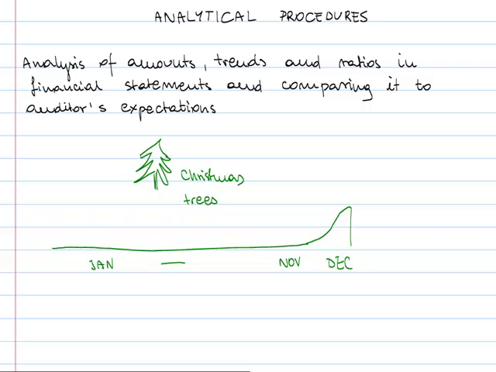Now, as an auditor, you go to the client and you see what is the actual pattern of revenues. And if it does suit your expectations, then it is likely that transactions are recognized properly. You can't yet conclude, obviously you need to do some other procedures.